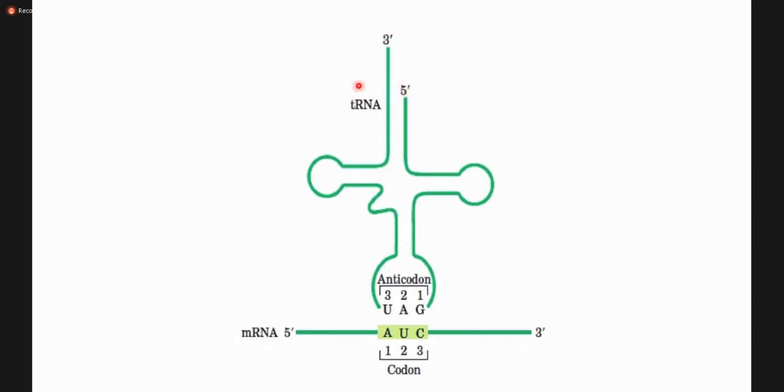They are carrying the specific amino acid according to this codon. So the transfer RNA bound with the specific amino acid binds with the codon in an anti-parallel and complementary way, and in this way the amino acids are added to the polypeptide chain.